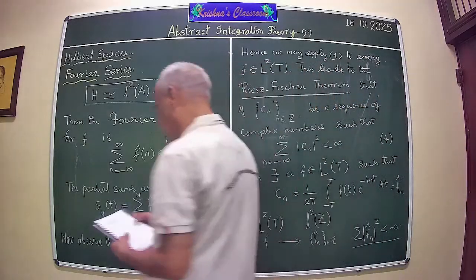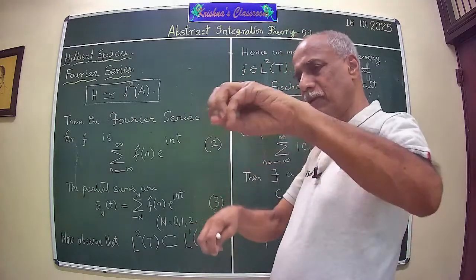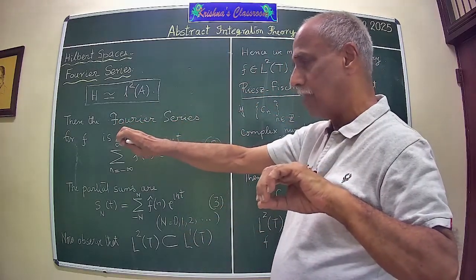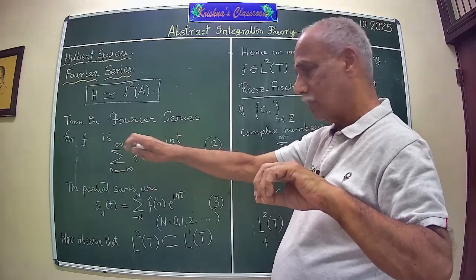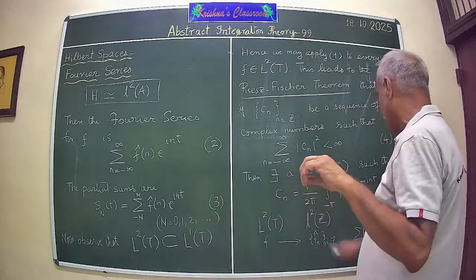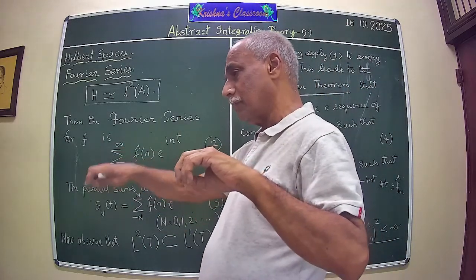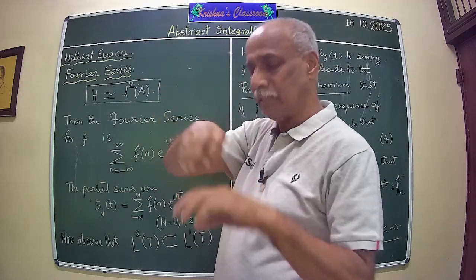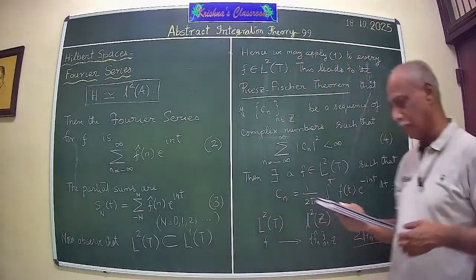Okay, so either way it is true. So you see, for each f belonging to L2, you have an element in L2Z. Conversely, for each element in L2Z, you have a corresponding f. This is the content of the Riesz-Fischer theorem.